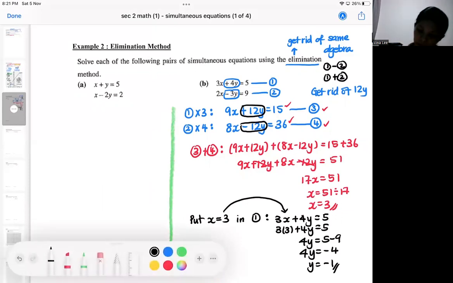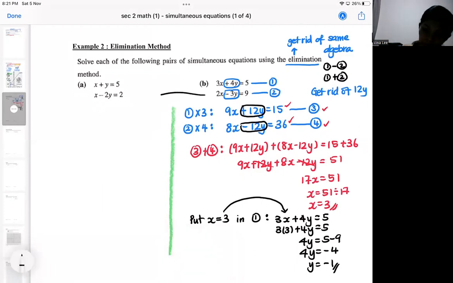Okay, so maybe right now in your head, you may be thinking, can I make same algebra for the x? Yes, you can. So another approach will be, some people say that I want to multiply by 2. Because when I multiply by 2, I got a 6x. And then they say that I want to multiply by 3. So you multiply by 3, multiply by 3.